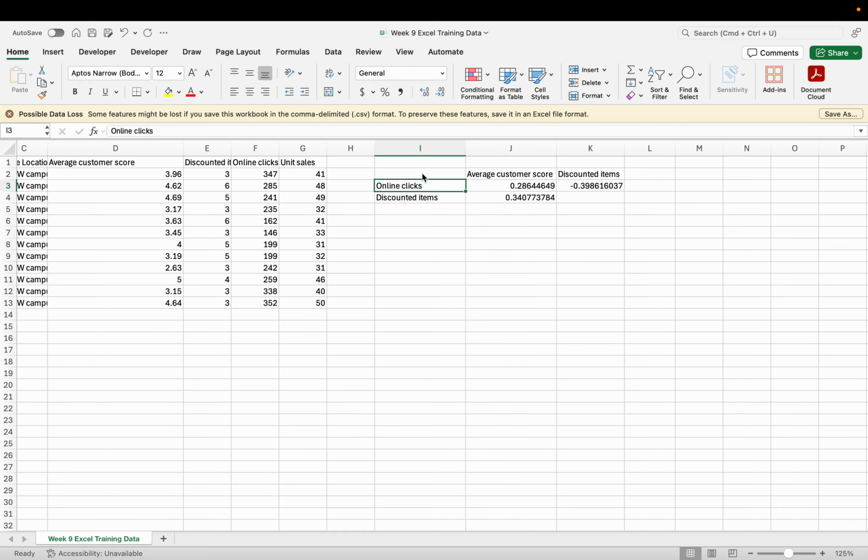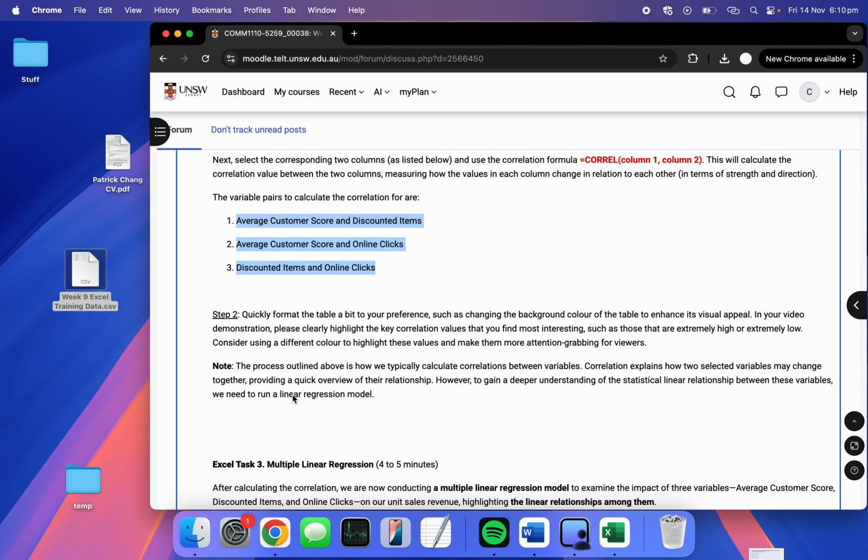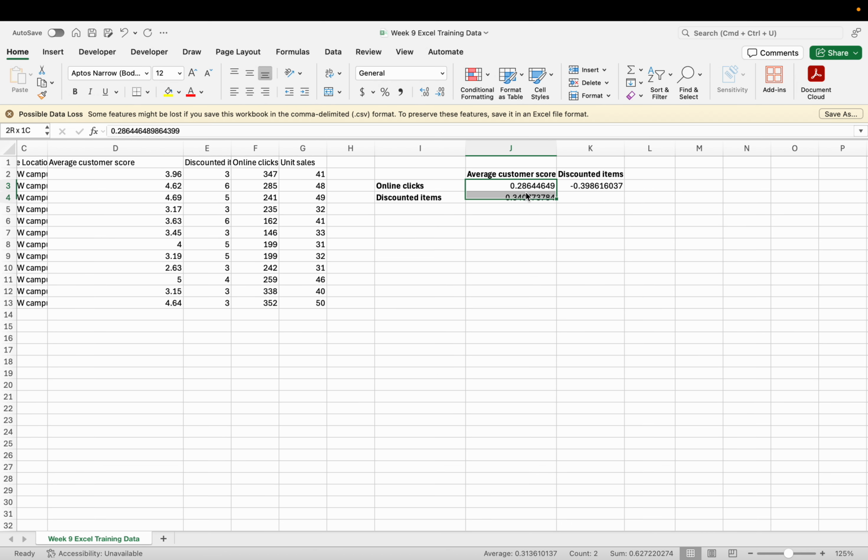Yeah, that's my table. I'll highlight these.